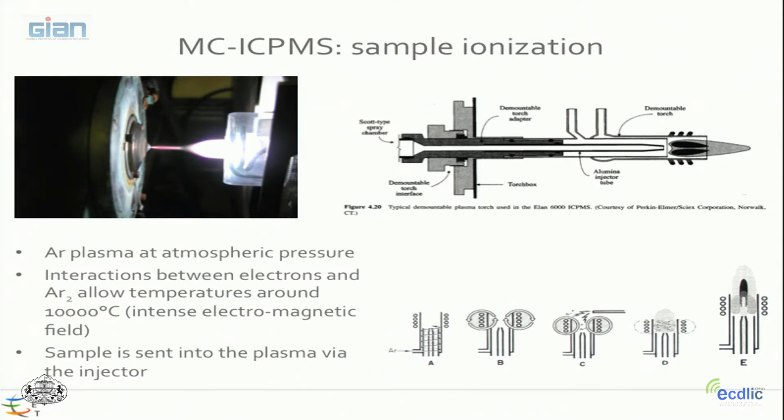So in fact, your argon is in the middle of a very intense magnetic field, and if we inject a spark, then you have a plasma which is maintained by the magnetic field. Plasma is a medium which contains argon plus and electrons, and all the time it's changing from one to the other. And if you inject your element inside this, at this temperature, all are ionized.